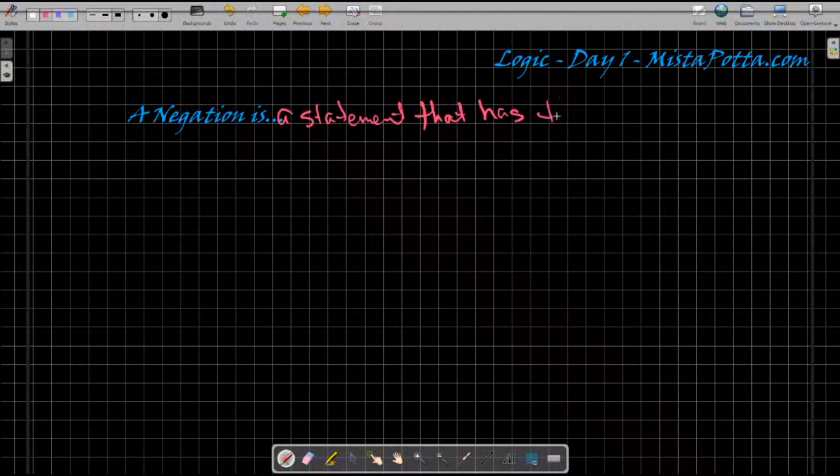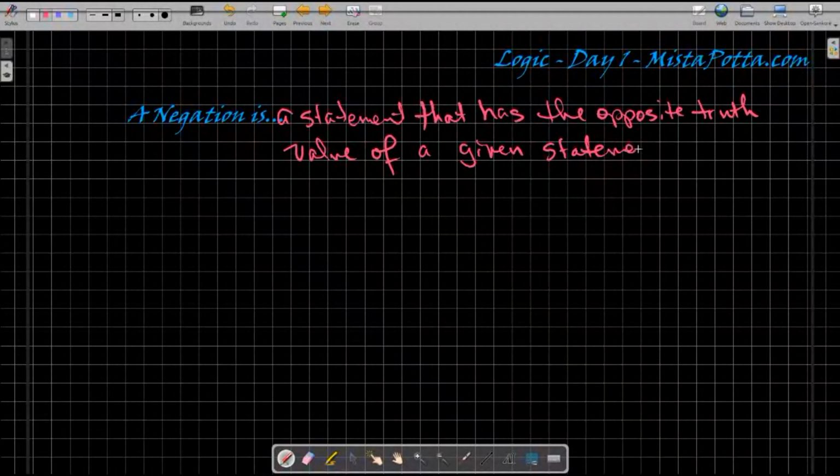A negation is a statement that has the opposite truth value of a given statement.